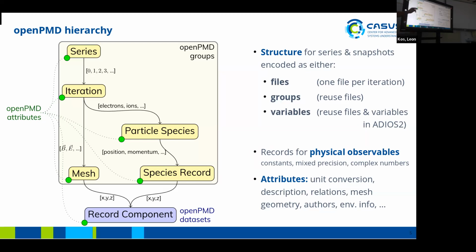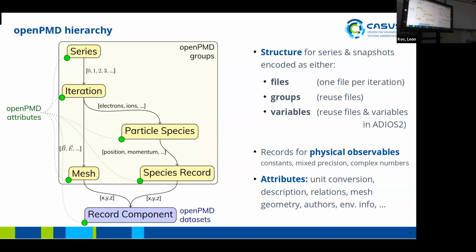So the top layer is series, in the sense that an openPMD data set is a series of iterations. Iterations can be time steps in a simulation, snapshots, checkpoints. The terminology that we use currently is iteration, but we're actually considering changing the name to snapshot because it's more generic.